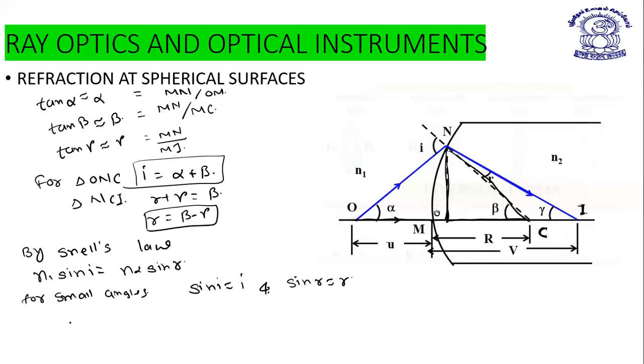So our equation will be written as N1 i is equal to N2 r. But i is alpha plus beta and r is beta minus gamma. So N1 into alpha plus beta is equal to N2 into beta minus gamma.